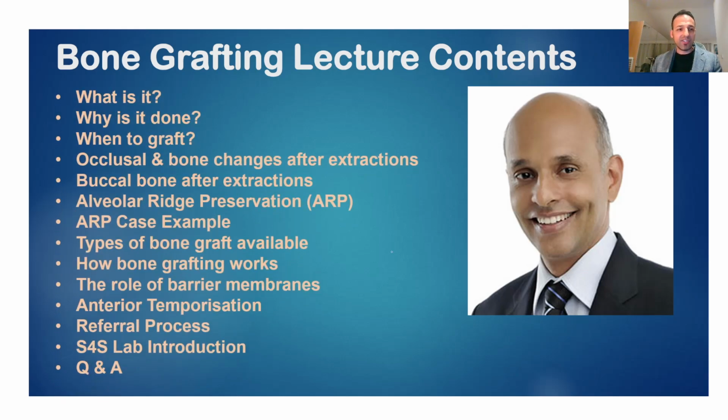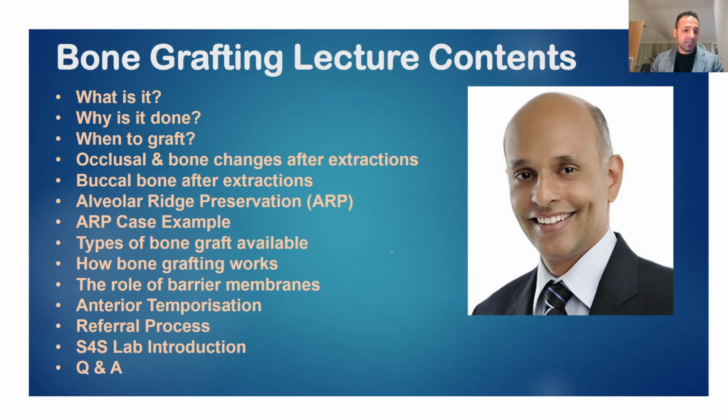So today's lecture, bone grafting, and what are the contents? Well, first of all, we're going to talk about what is bone grafting, why is it done, when do we graft, the occlusal and bone changes after extractions, buccal bone after extractions in particular, the concept of alveolar ridge preservation, or ARP.